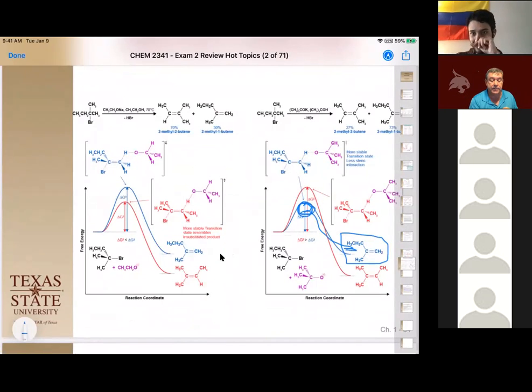Now notice in Zaitsev's rule, the activation energy is lower for the hydrogen on the more substituted carbon. So we have both the thermodynamic product and the kinetic product. That's why thermodynamic and kinetic products are different and not equal, and you can have one or the other or both in the same reaction.